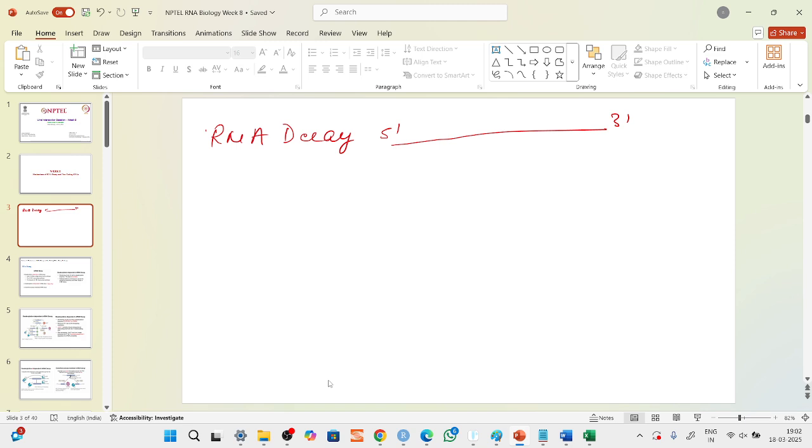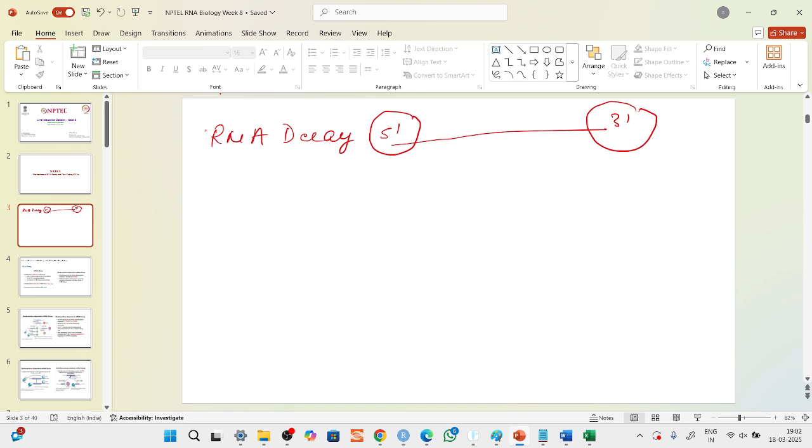Why so? Because the 5 prime end has the 5 prime capping and the 3 prime end has the 3 prime poly A tailing, meaning polyadenylation.